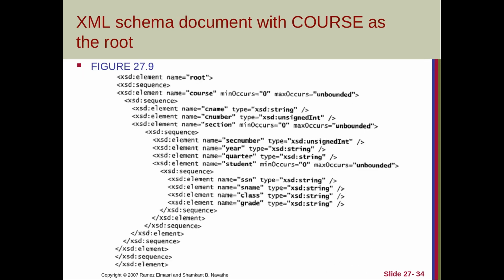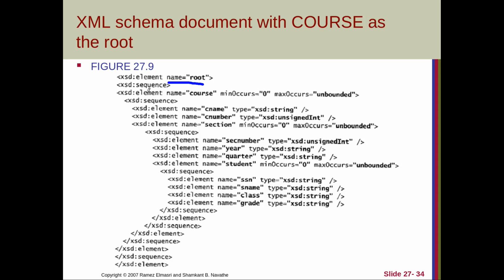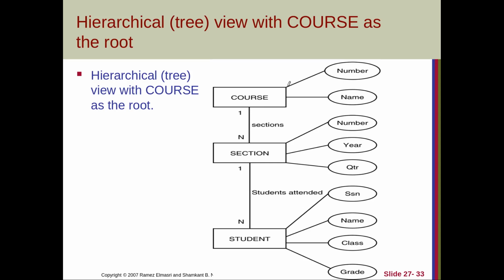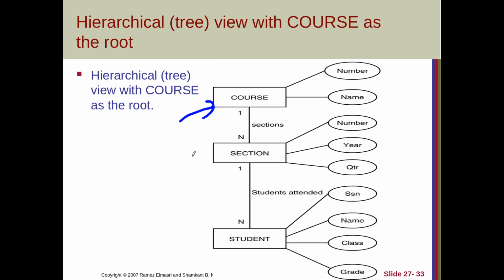It's very simple. XSD element name is equal to root, XSD sequence, XSD element name is equal to course. Course is the first one, with minOccurs 0, maxOccurs unbounded, which is a sequence of elements: first element cname, next element cnumber, then section.